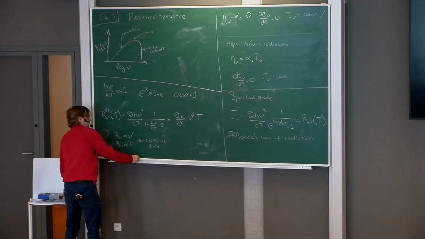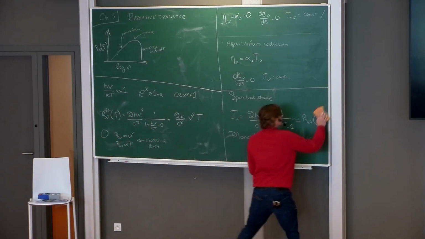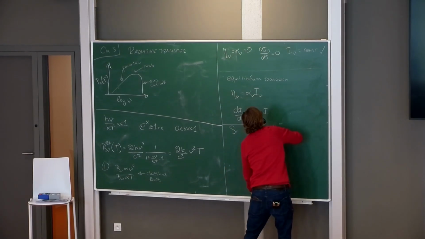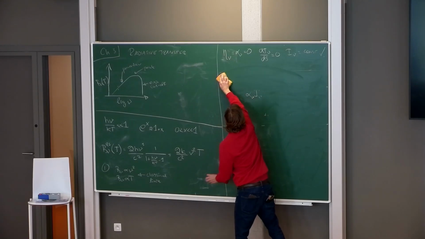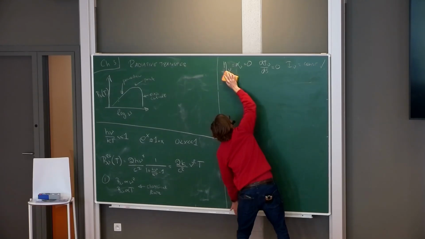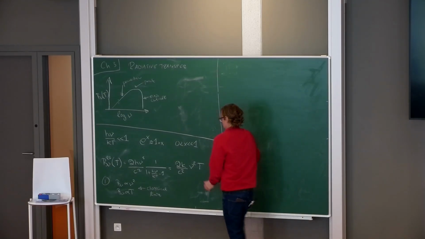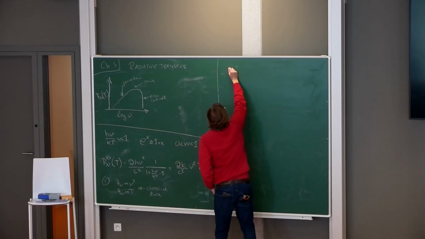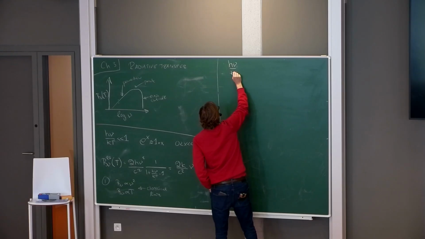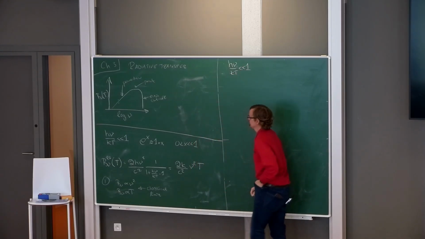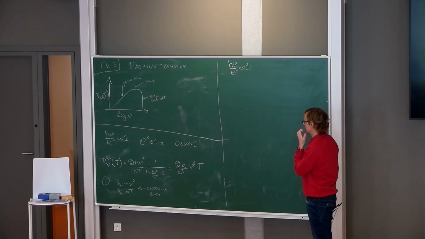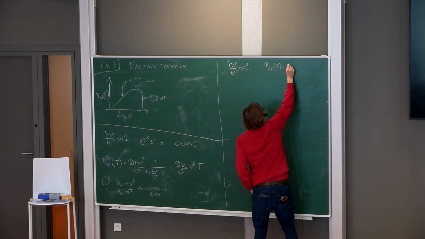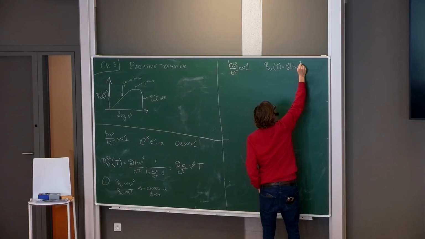Now, in the opposite regime, you have h nu divided by kT much, much smaller than 1.